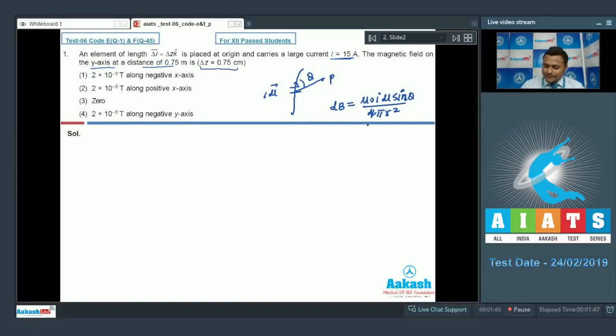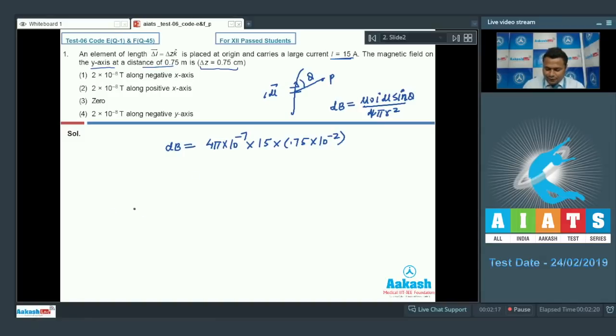Here in our question, current is given, delta L, that is dl, is given. So putting the values, we get the small magnetic field due to small current carrying element dB will be mu naught 4 pi into 10 to the power minus 7 multiplied by current 15 ampere multiplied by delta L, that is delta Z, that is 0.75 into 10 to the power minus 2 sine theta.